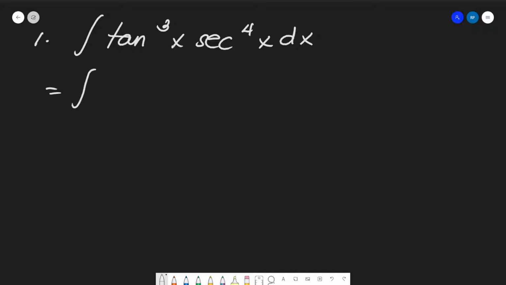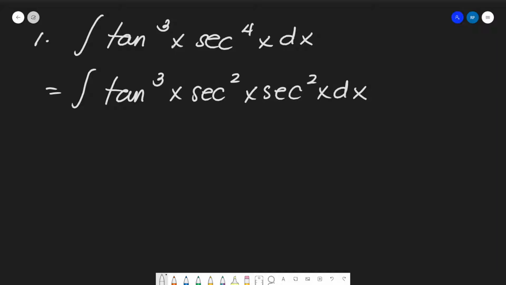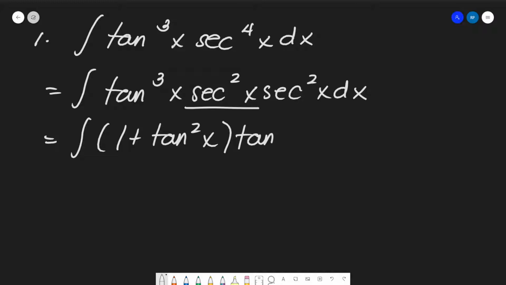Magbabawas tayo ng secant squared. Then papalitan natin yung isa ng 1 plus tangent squared. So, we will have the integral of 1 plus tangent squared x, tangent cube x secant squared x dx.